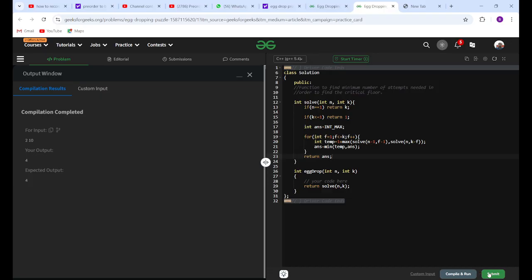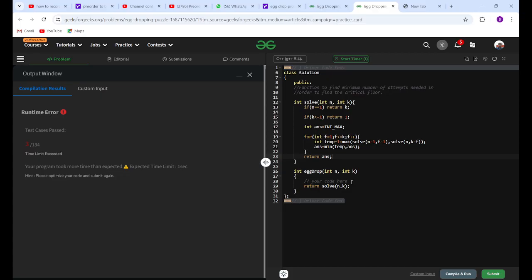Now you submit it. Okay, this gives a time limit exceeded, because you are doing recursive calls. It takes more time than the required time, so we need to optimize it.